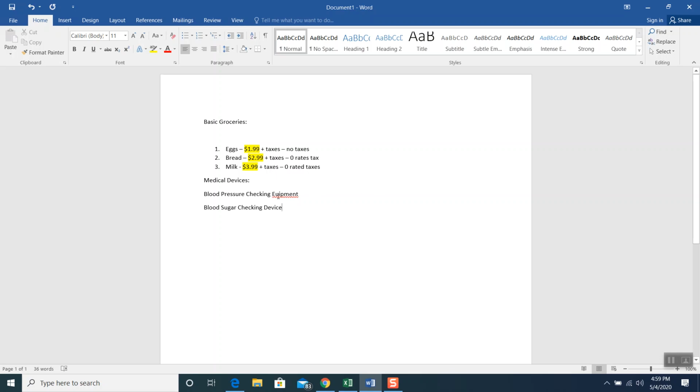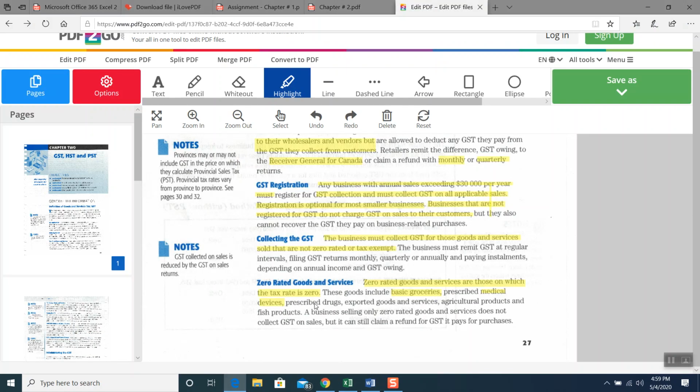These are the equipment being considered as prescribed medical devices, which do not have any tax, or the right term is zero rated tax. Let's take a look at another item.